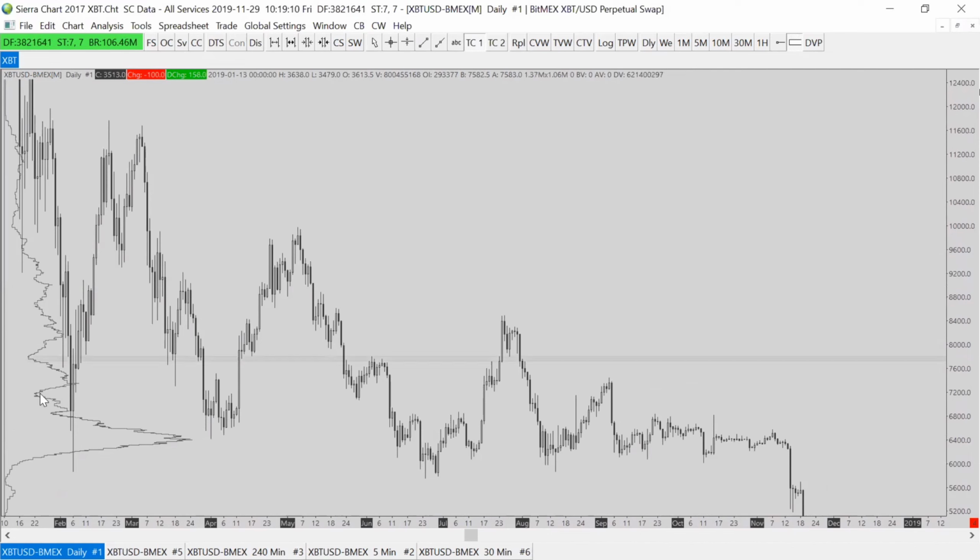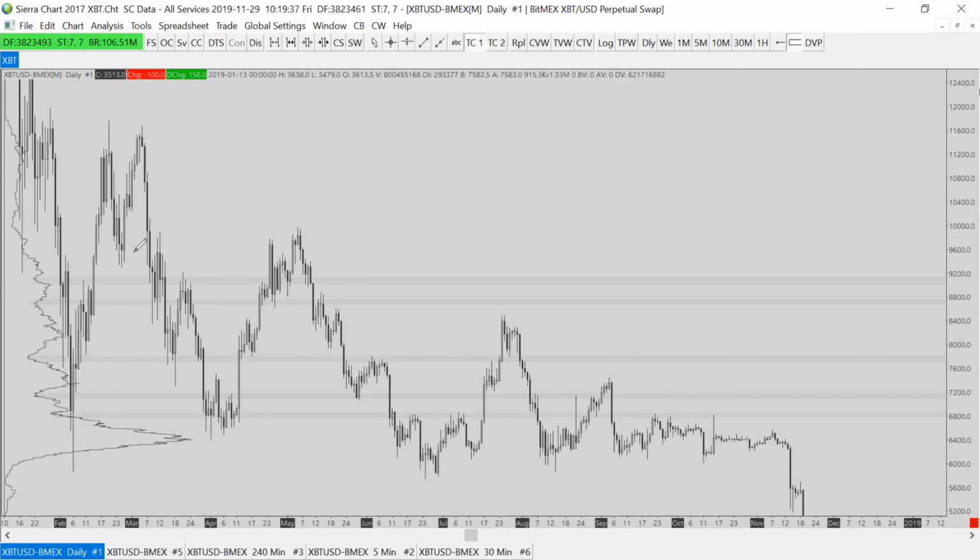Okay, it just takes a second to mark these out, and they're not difficult to spot. So if I just mark those out, you can see how nice or clean the interaction is around these levels.